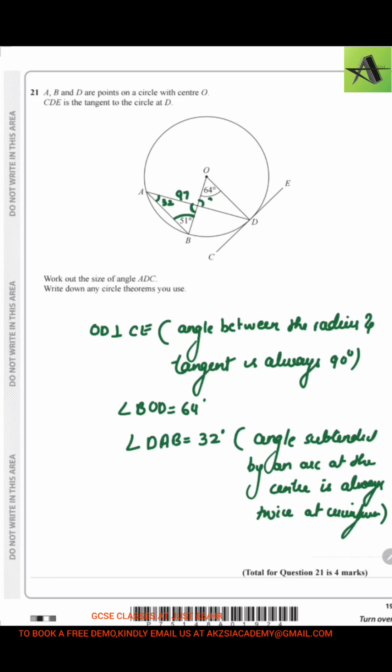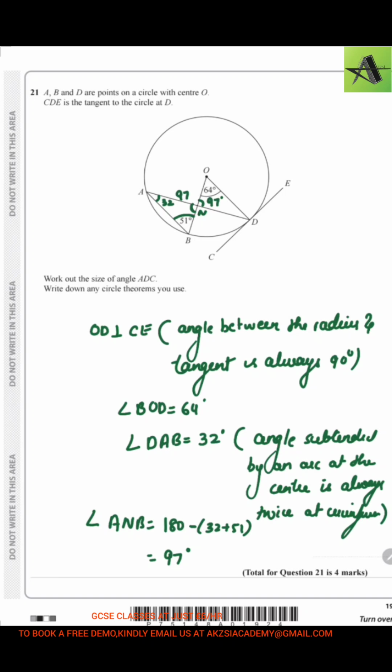So this angle will also be 97 degrees. Let me call this n, because there is no letter given for the intersection. So angle A and B would be 180 minus 32 plus 51, which will be 97.